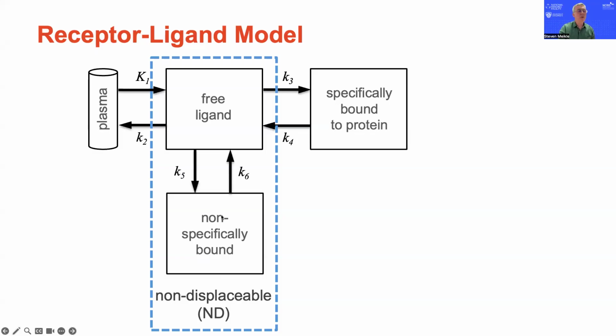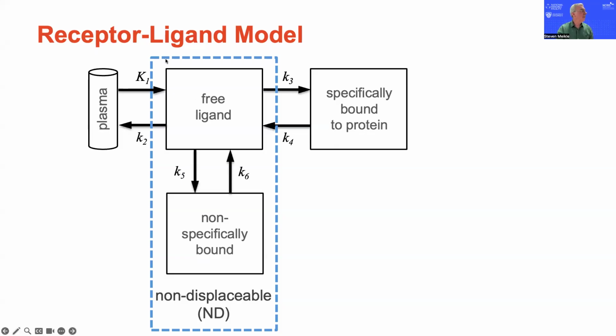But then you also typically, almost always, will have your tracer binding to non-specific targets. So there could be plasma proteins. So this could be happening in the blood. It could be happening in the tissue. Your tracer is going to bind to off-target proteins. So other proteins, other receptors, plasma proteins, all sorts of things that are in the body.